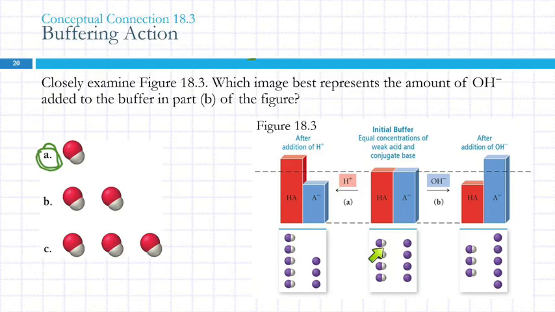Adding one of these will steal one of these hydrogens, giving us 3 of those. This one that's lost the hydrogen becomes one of those when we've got more of those. Okay? Any questions? So no matter what you throw at it, an acid or a base, it can make the change less.